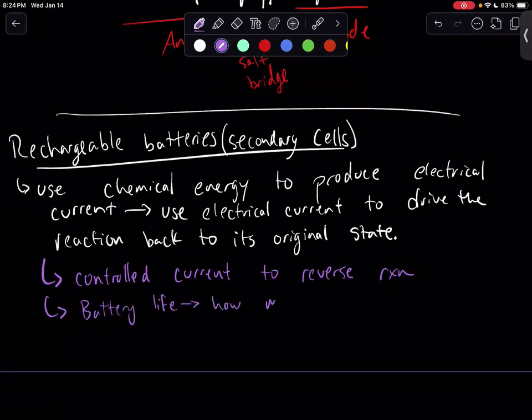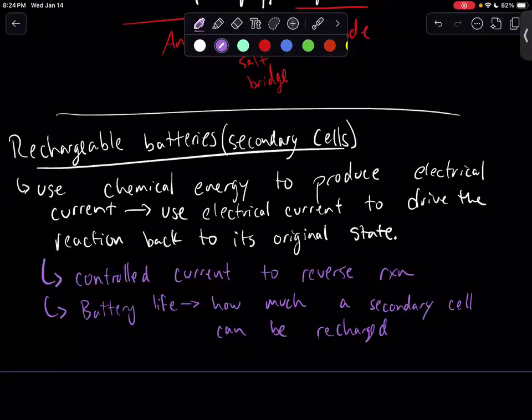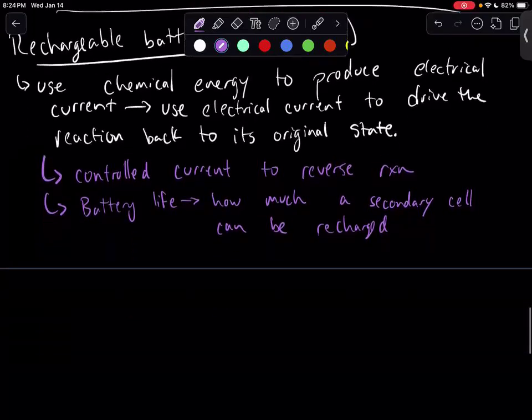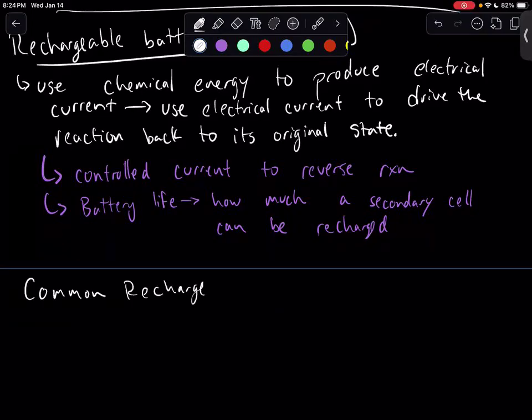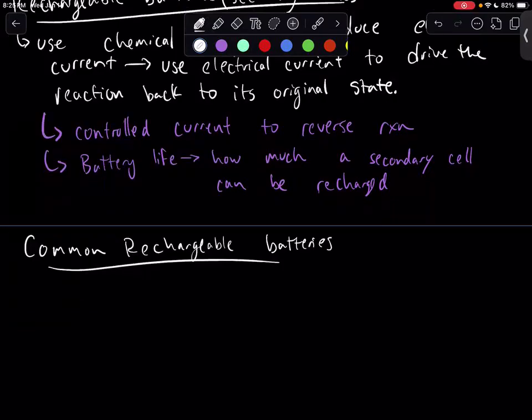That's how much a secondary cell can be recharged. So you want to be careful about that when you're using current to reverse the reaction. Now, there's a bunch of common rechargeable batteries that you should know about, but there's two main ones. The first one is most of your replacements for AAs and AAA batteries.